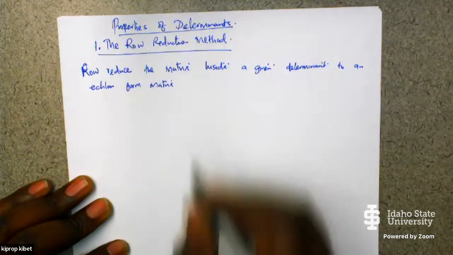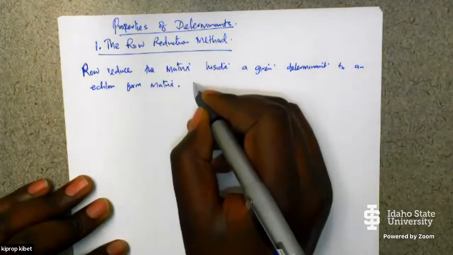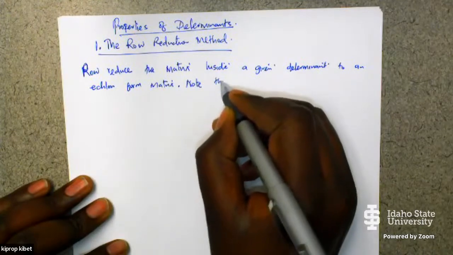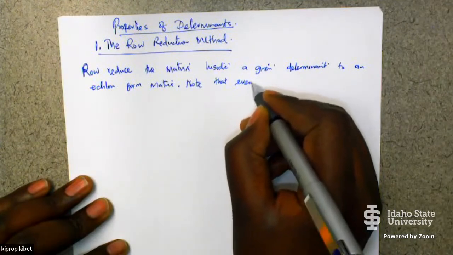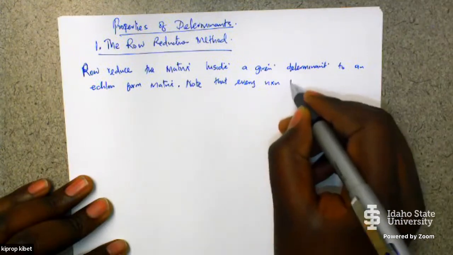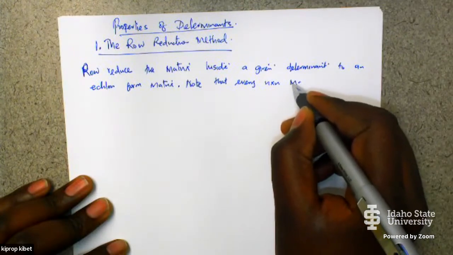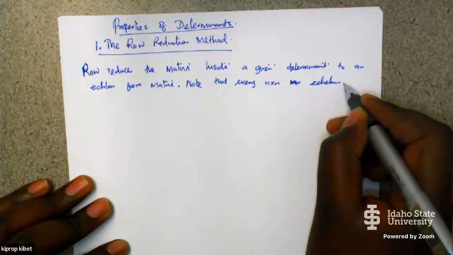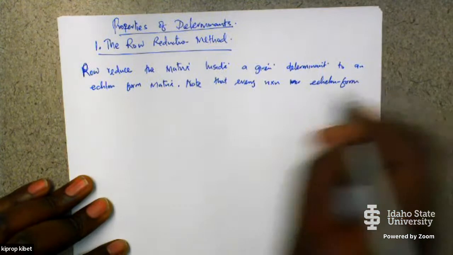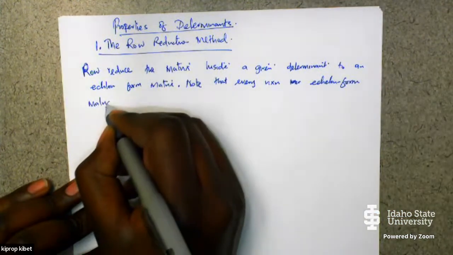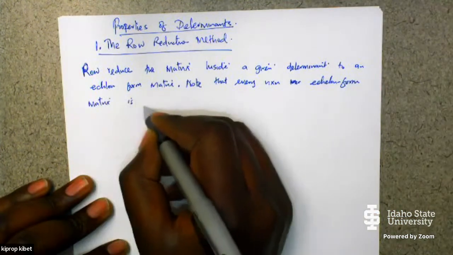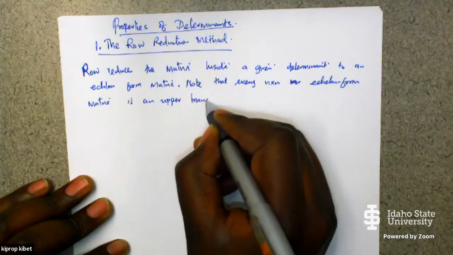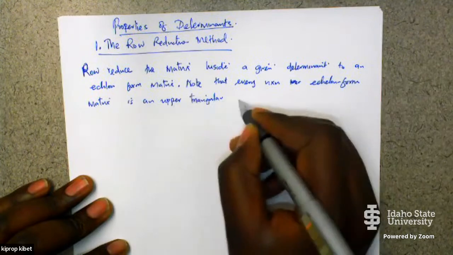We'll reduce, then note that every n by n echelon form matrix is an upper triangular matrix.